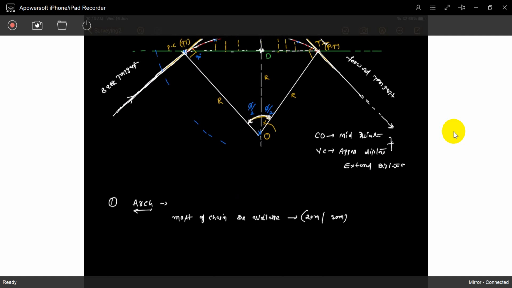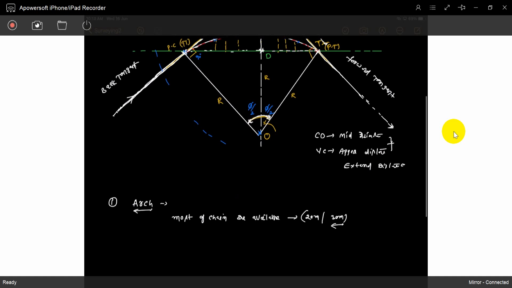Sir, we already used something like 100 meters also? No chance. I think you did an experiment in the survey lab using 30 meters. Most chains are feasible to use at 30 meters. If more than 30 meters we can't use it, because of so much sag and temperature changes.